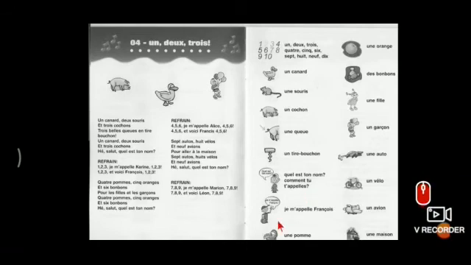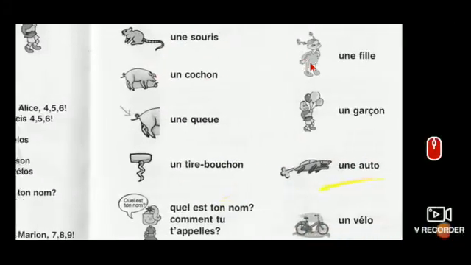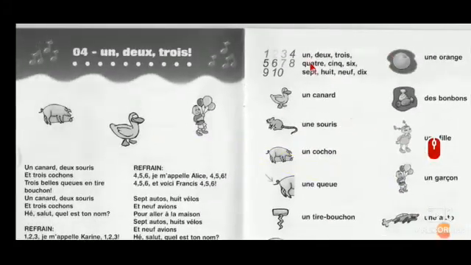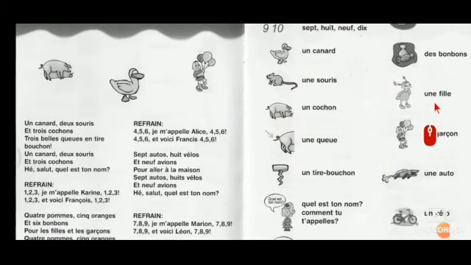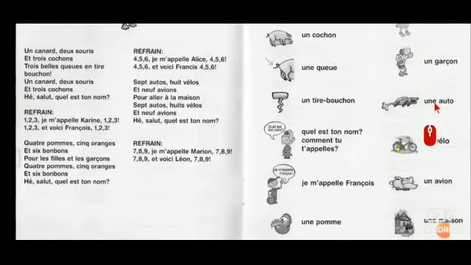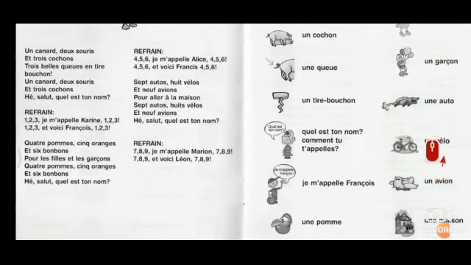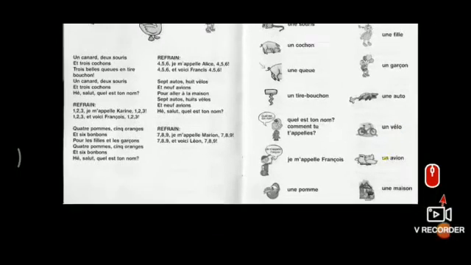Je m'appelle François. Une pomme. Une orange, des bonbons, une fille, un garçon, une auto, un vélo, un avion, and the last one is une maison.